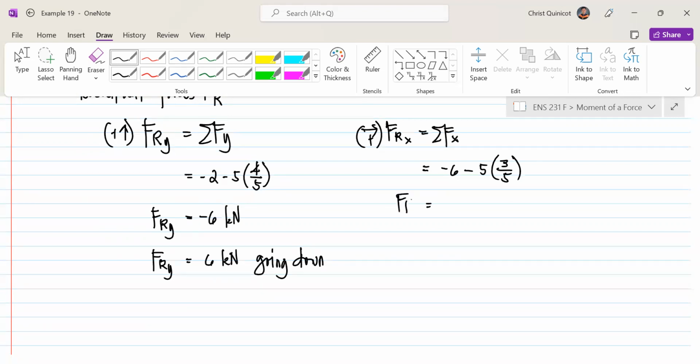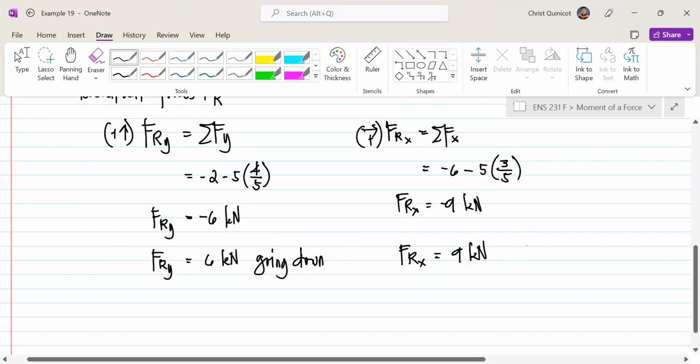This is our F sub Rx, negative 9 kilonewton, so F sub Rx is 9 kilonewton to the left.